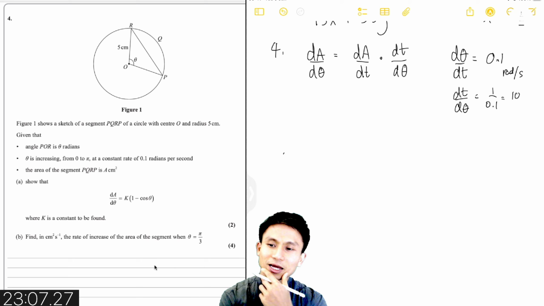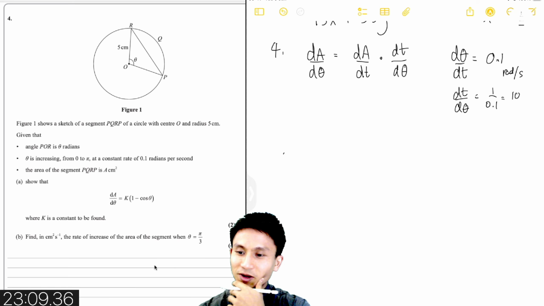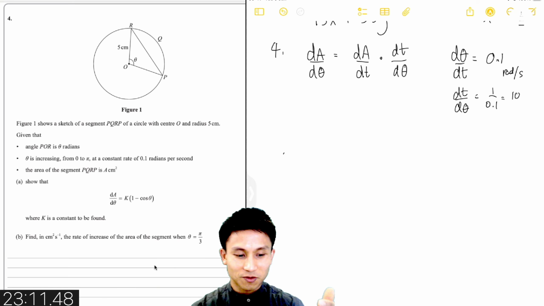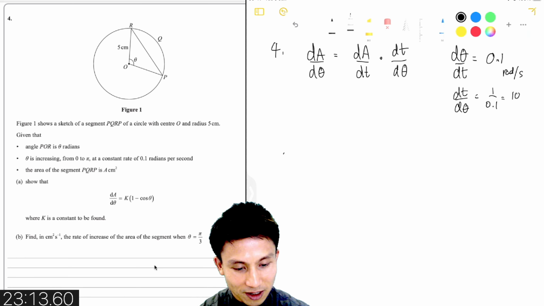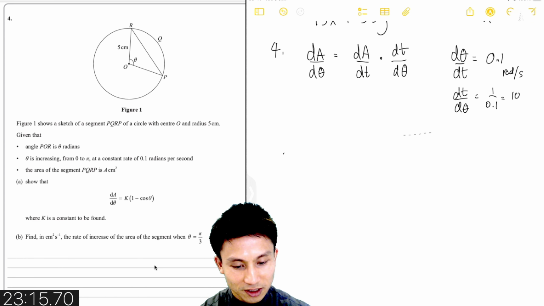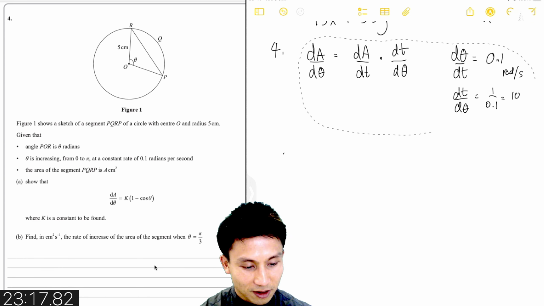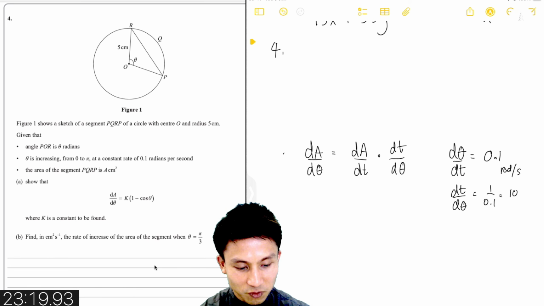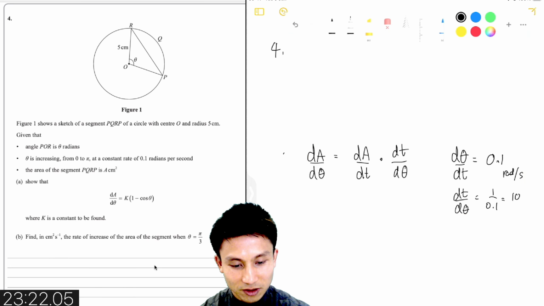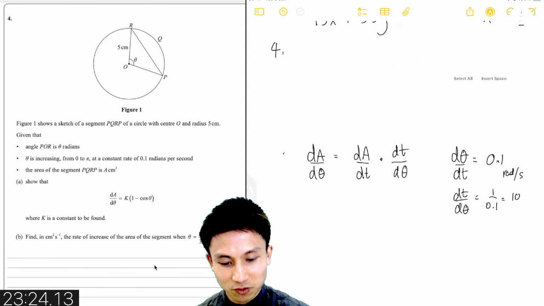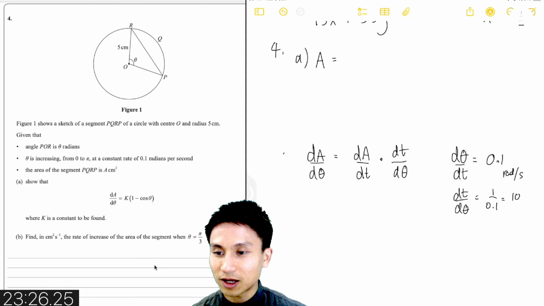But I think, okay guys, I think I was a bit wrong here. I think this whole thing is for B. I think the first one is just, we just differentiate the expression of area with respect to the angle. So the first one is just if we can find the area in terms of the angle.